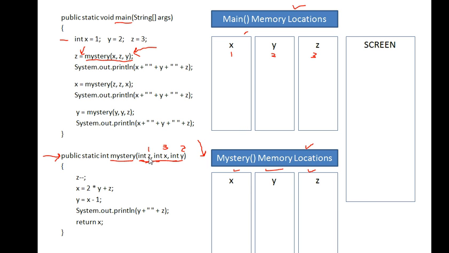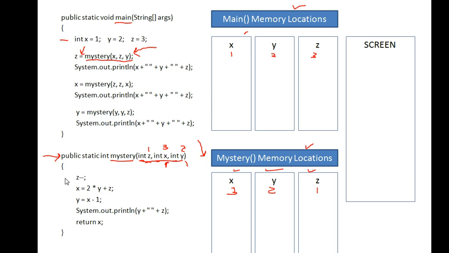So anyways, z is assigned 1. x is assigned 3 right here. And y is assigned 2. Now these are local variables to the mystery method, so they have nothing to do with the main method.